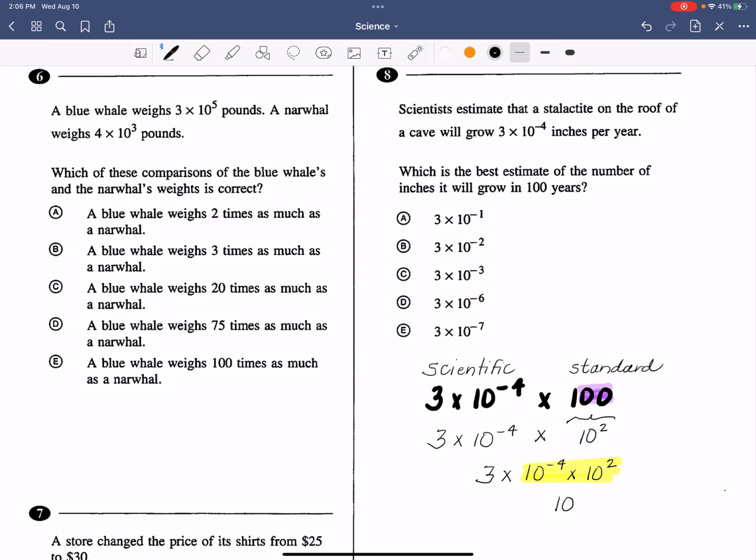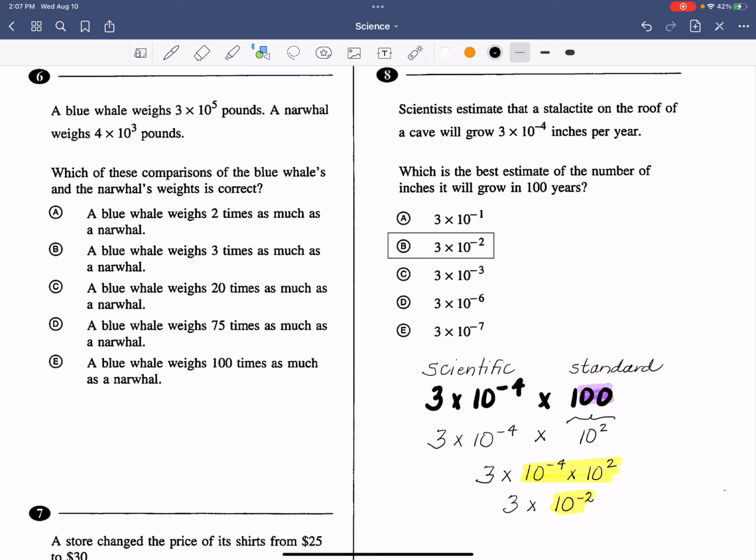So negative 4 plus positive 2 is negative 2. So that's going to yield this number. And then don't forget about your leader out there, 3 times 10 to the negative 2. So I would go with B as my answer.